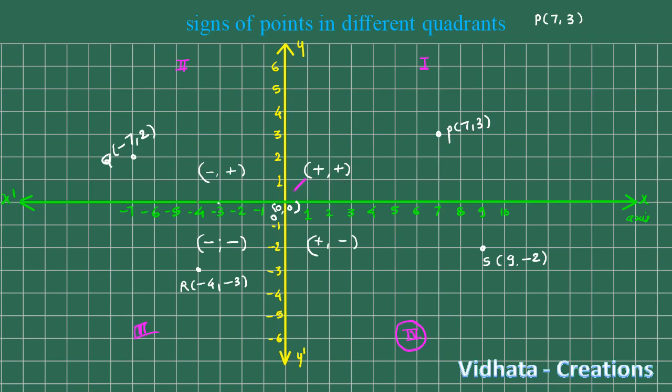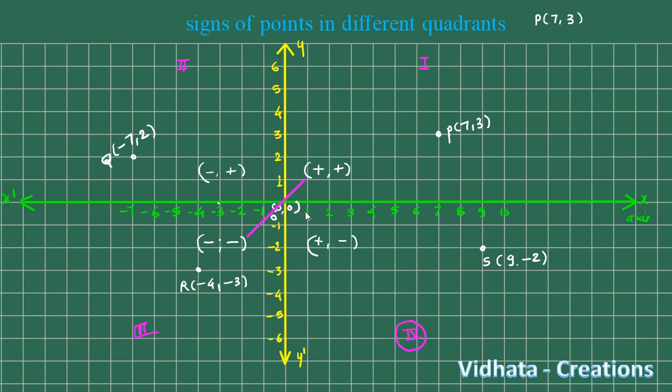If you draw a line like this, here is plus plus, and in the opposite quadrant they are minus minus. In the second quadrant and the fourth quadrant, here they are minus plus, and here they are plus minus, just opposite.